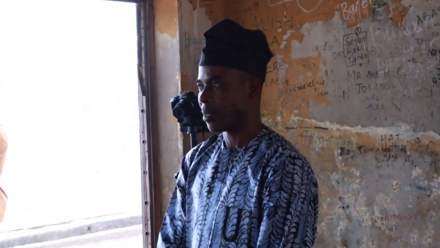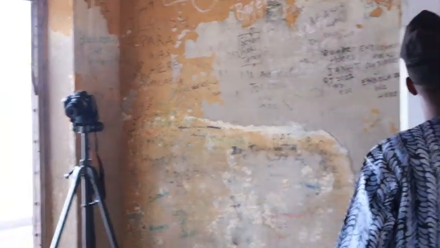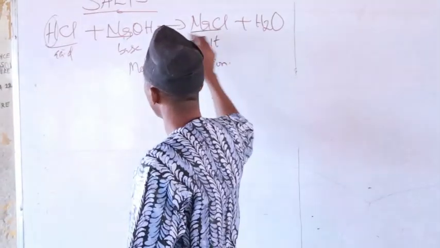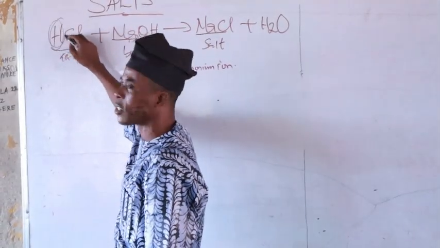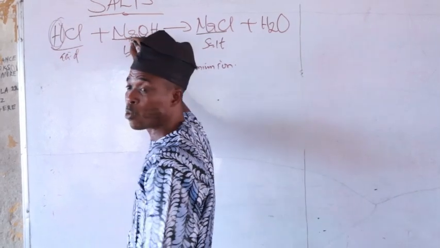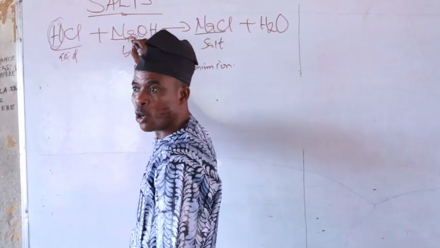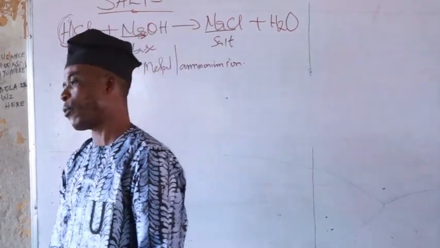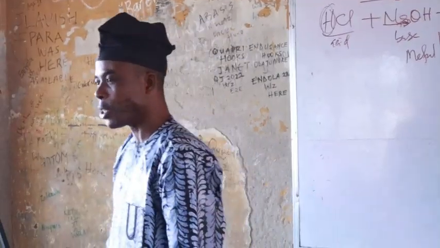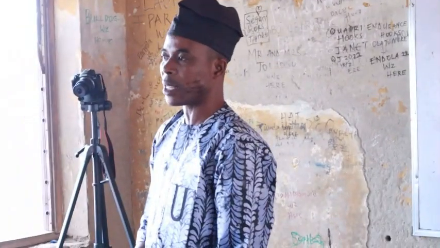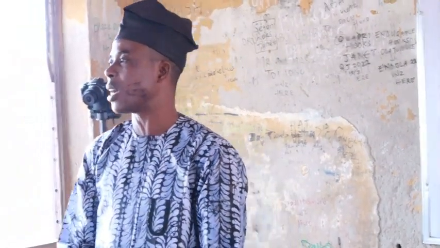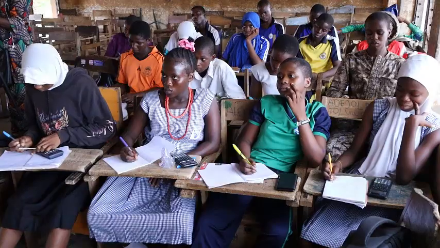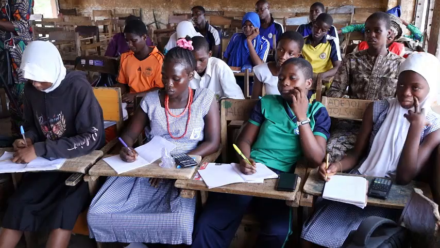I hope you get that. You can say that this salt is formed when the hydrogen present in this acid is replaced with sodium, which is a metal. So a substance formed when the replaceable hydrogen ion of an acid is completely or partially replaced by a metal or ammonium ion is called salt.